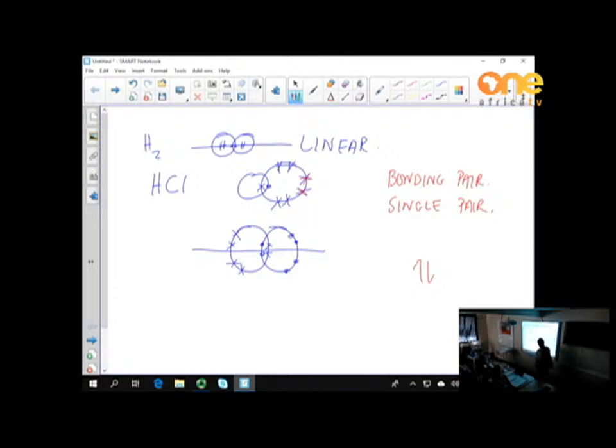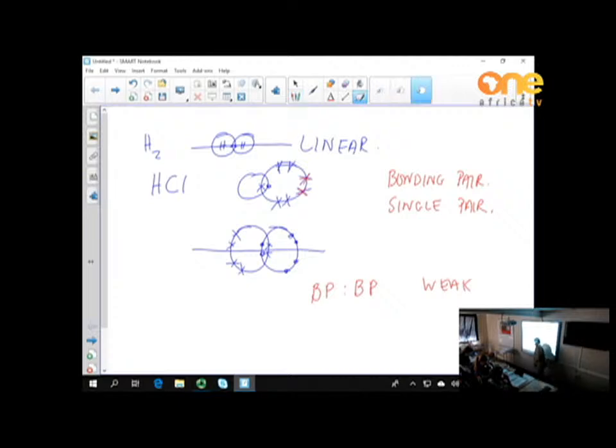Now, when I have bonding pair repulsion, it is very weak. Sorry, bonding pair repulsion is weak.